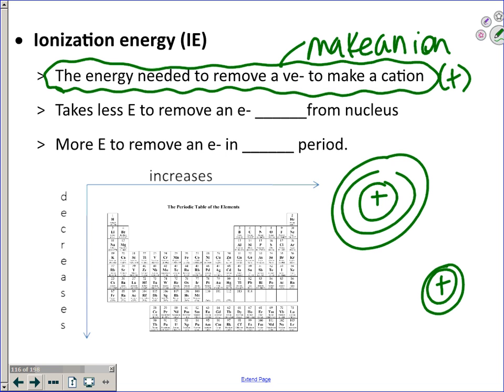It's going to take less energy to remove an electron far or close to the nucleus?